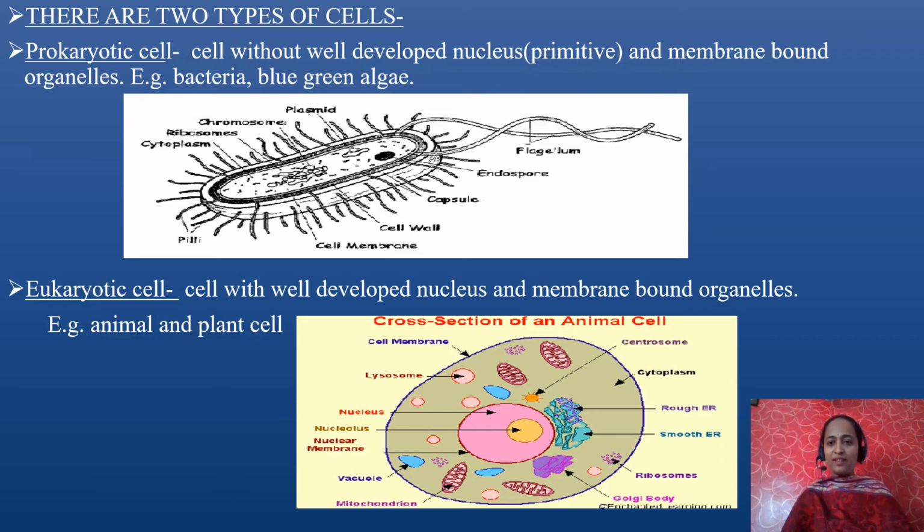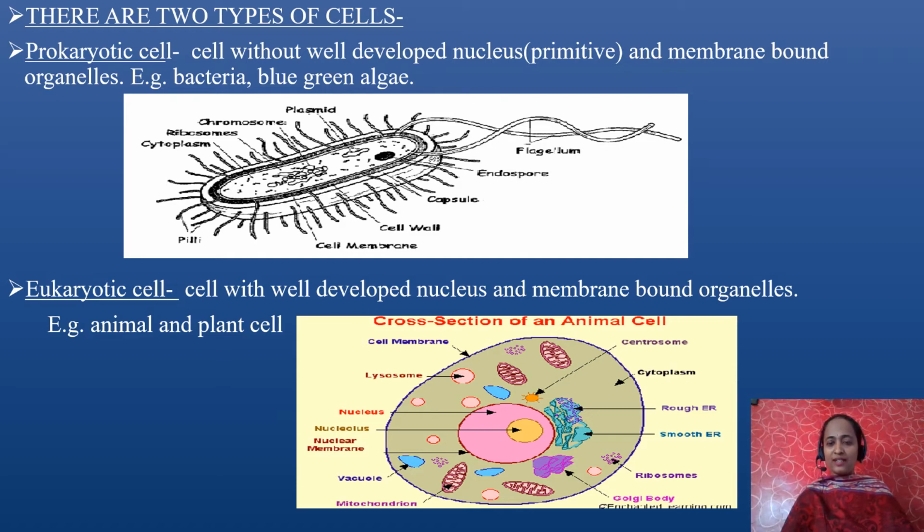That is why they possess a false nucleus. In a eukaryotic cell, the nuclear material, that is DNA, is covered by proper nuclear membranes, two nuclear membranes. That is why the nucleus is called a true nucleus.